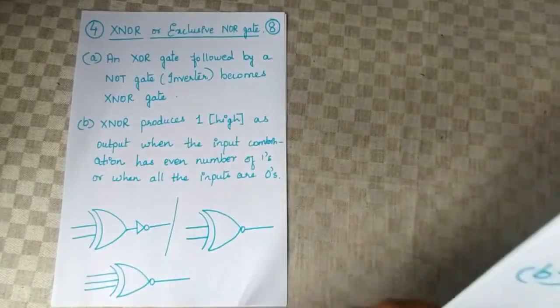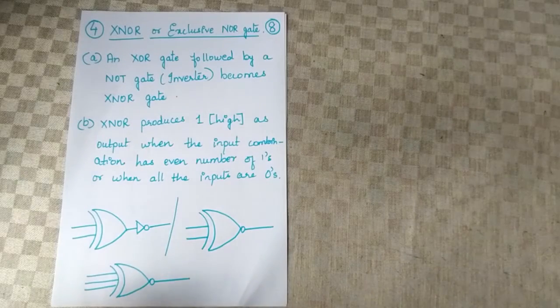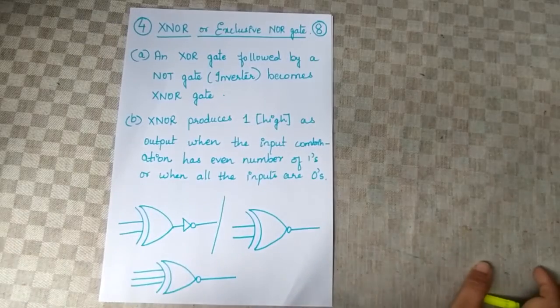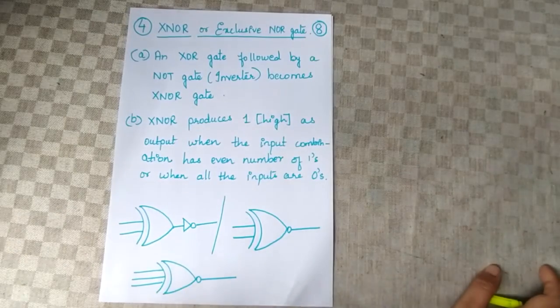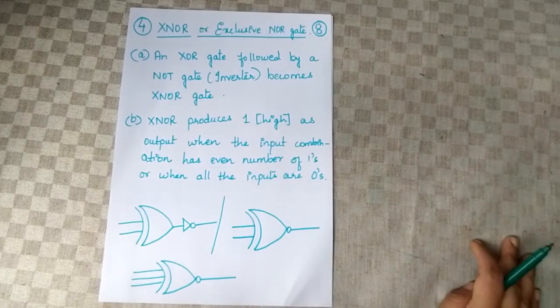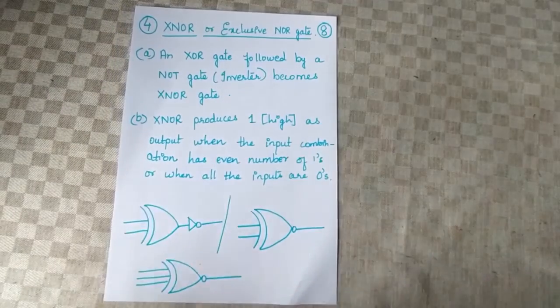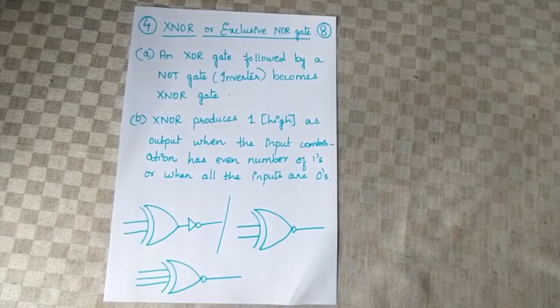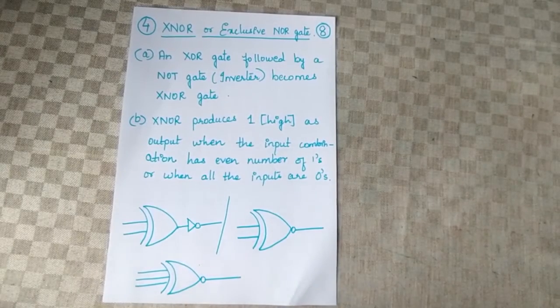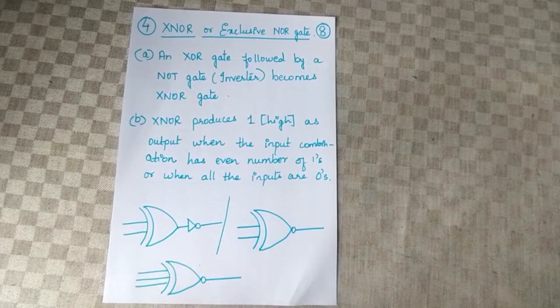Now next we shall see another derived gate, that is exclusive NOR gate. Okay. Now here next gate is XNOR or exclusive NOR gate. Now how is the working of this exclusive NOR gate?